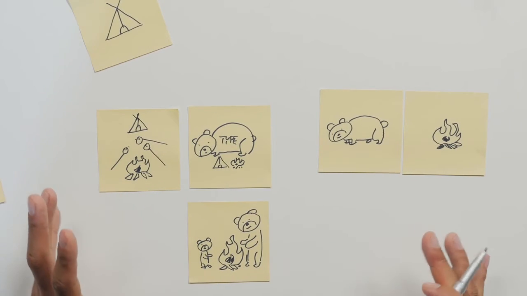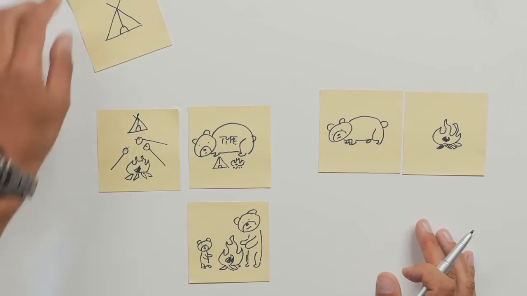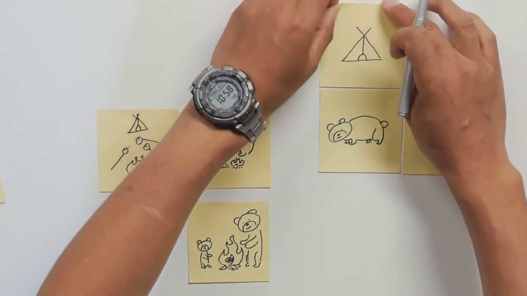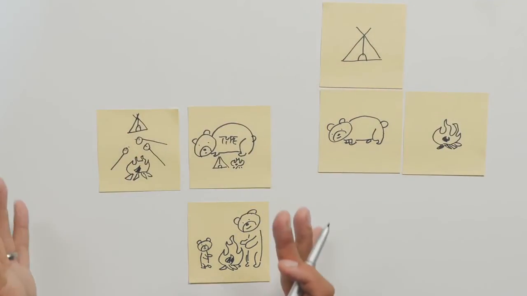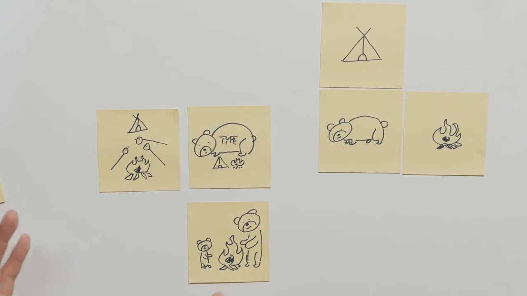So I can expand the ideas this way. And imagine if you have more ingredients, then the result, you can have more variation and more quantity.